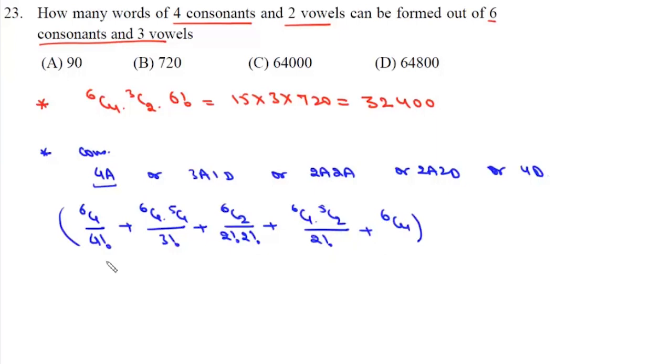So these are the total possibilities we have for consonants, and total number of words there will be factorial 6 into this, into the choices we have for vowels.